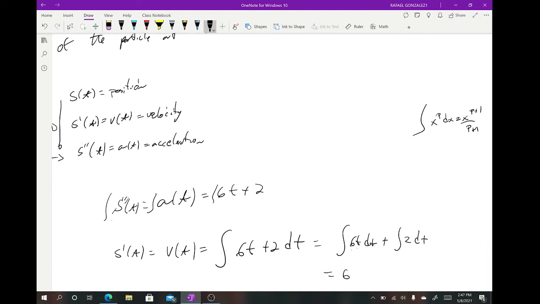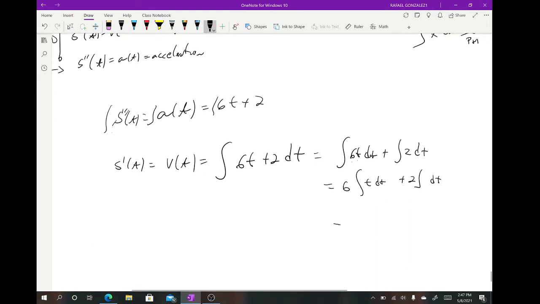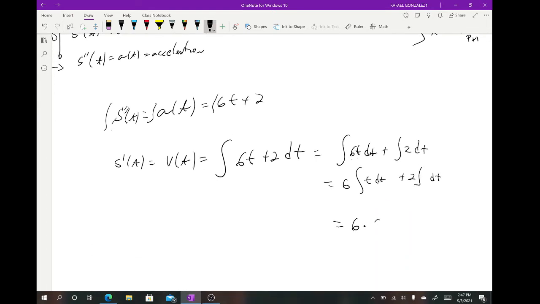So if I take the 6 out, I just have the integral of t dt plus 2 dt. So what I have here is 6 times t squared divided by 2, because this is a power 1, plus 2 times t, because when there's nothing here, this is like having t to the 0 power, and 0 plus 1 is 1. So we have 3t squared plus 2t plus c as our antiderivative.